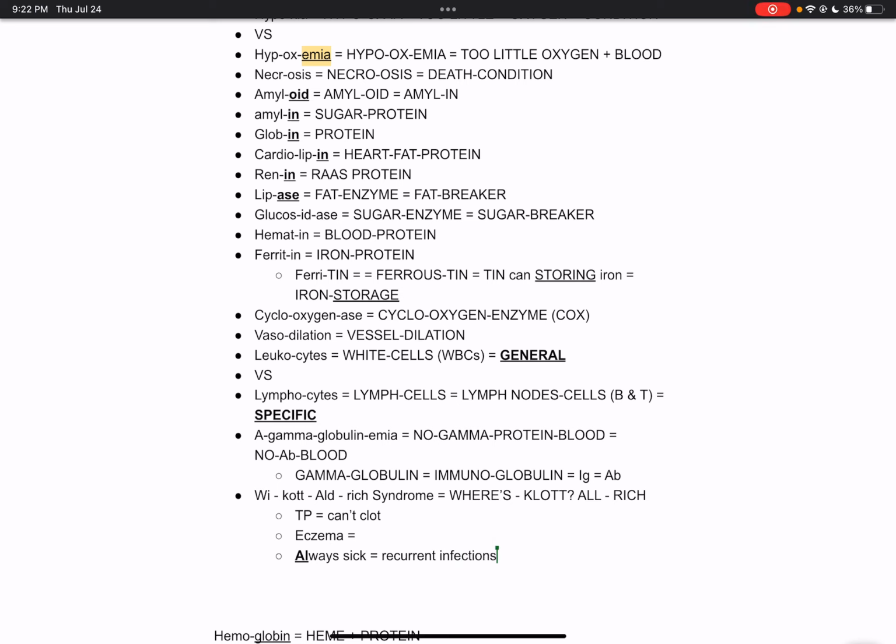So I say, where's your clot? You're supposed to be rich, but you're always sick and your skin looks like crap. So the where's clot part is telling me they can't clot, right? It's thrombocytopenia.